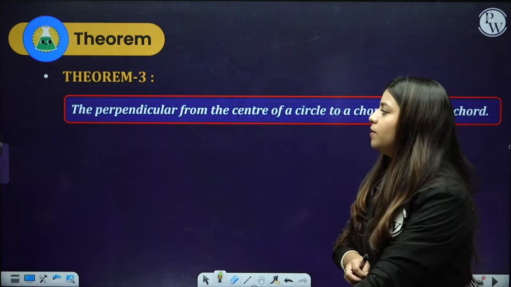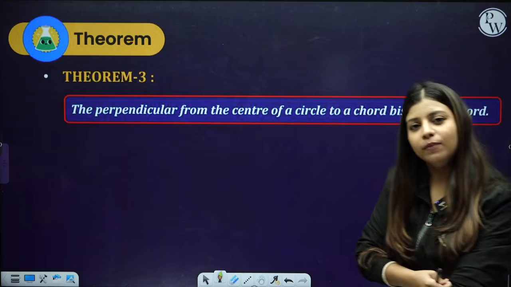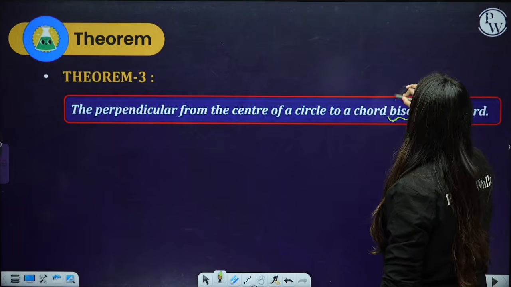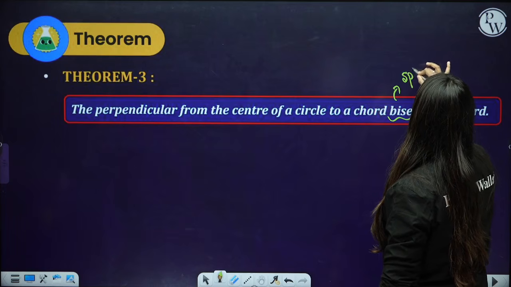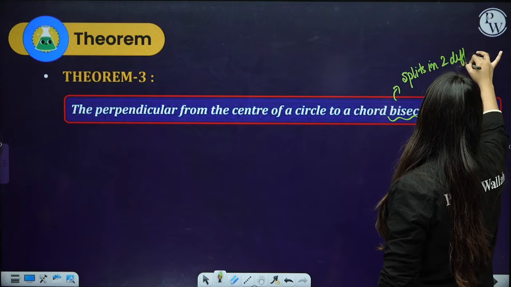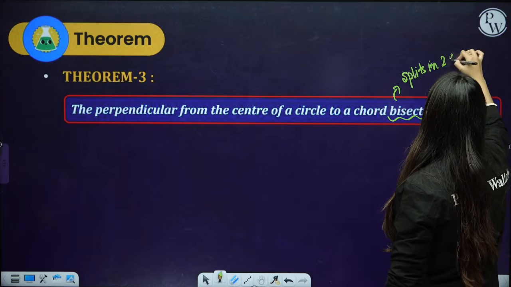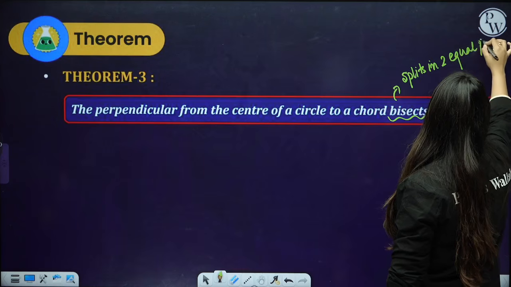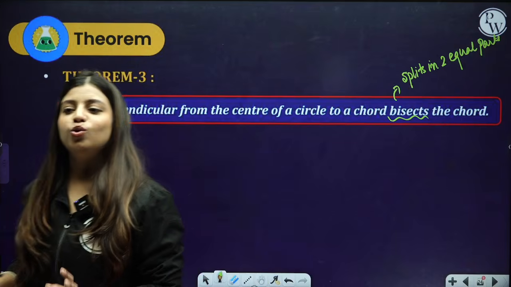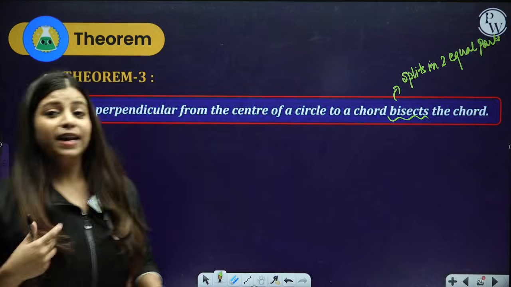The same theorem: if I draw a perpendicular from the center of a circle to the chord, it bisects the chord. Bisects means splits into two equal parts. So bisection means to divide it into two equal parts. That is what the word bisect means.